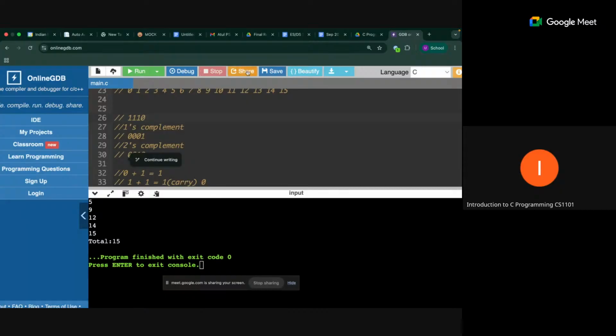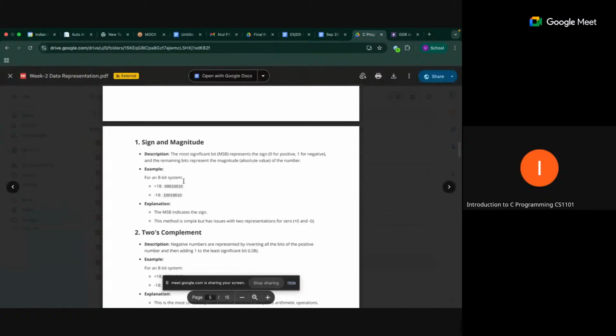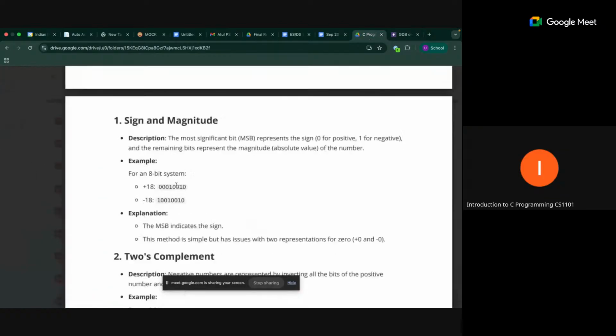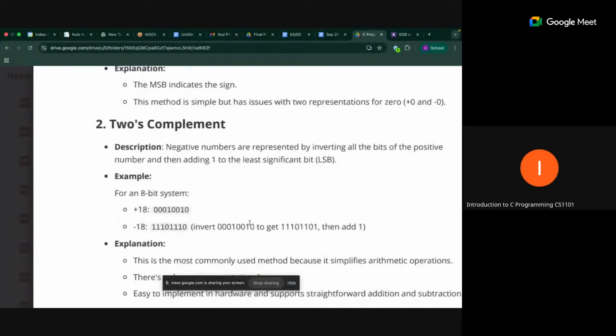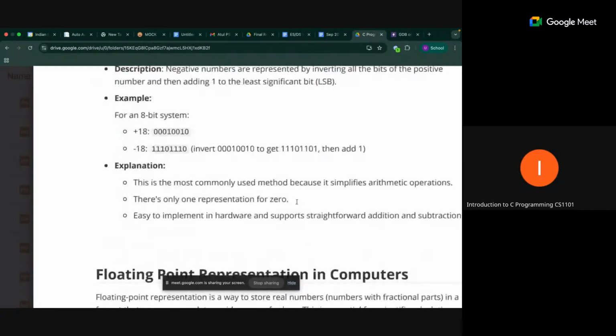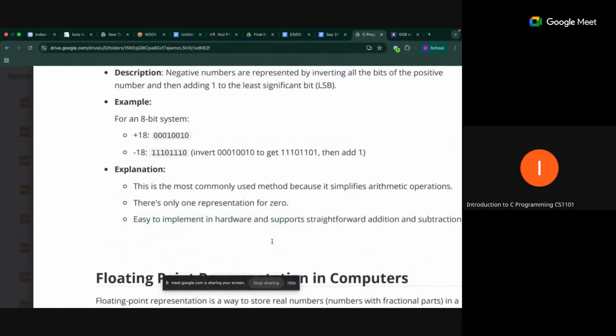Is it clear? Yes, ma'am. Or else you can just change the magnitude, nothing but changing the MSB to 1. That's it. By this way also we can say it's a negative number. So these are the two ways to represent a negative number.